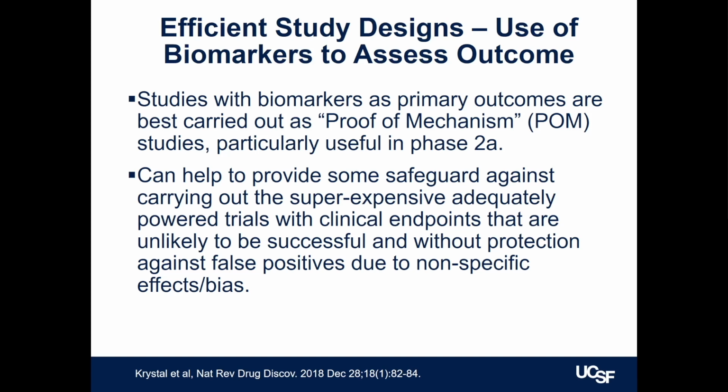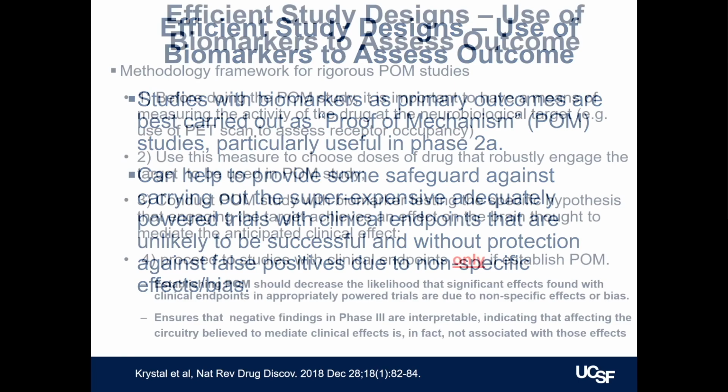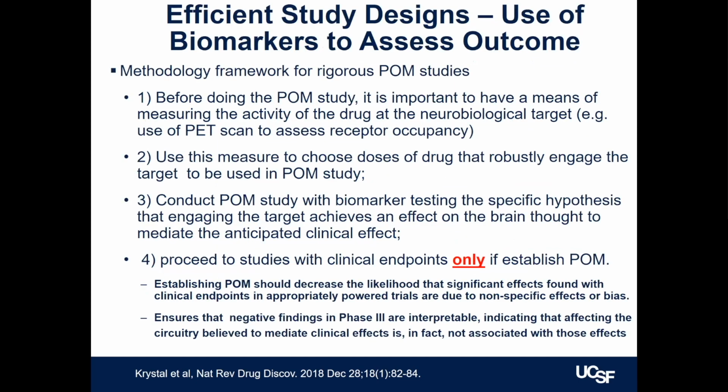I realize I've said a bunch of stuff without explaining it. I'm going to try to explain it now. So there's been articulated some methodology about how to do rigorous proof of mechanism studies, and that is employing a biomarker as primary outcome. So before you can do the study, it's important to have some way to measure what the drug is doing at its neurobiological target.